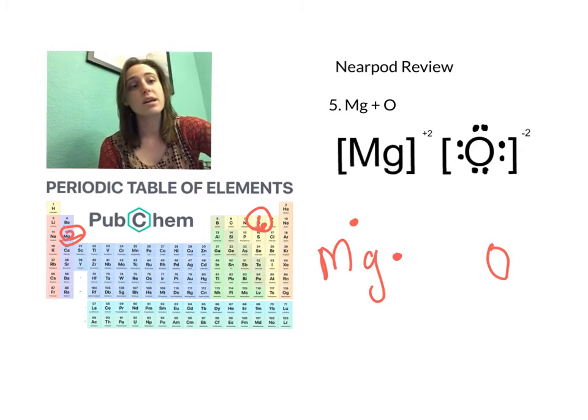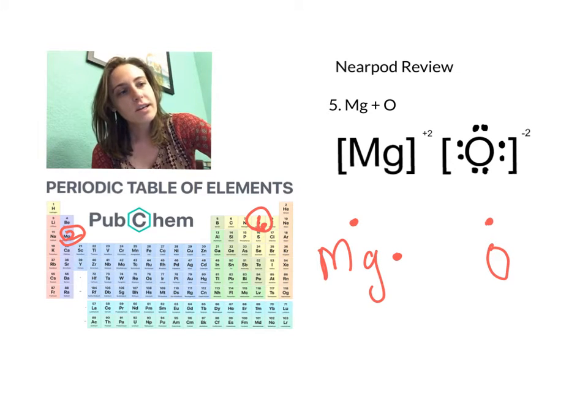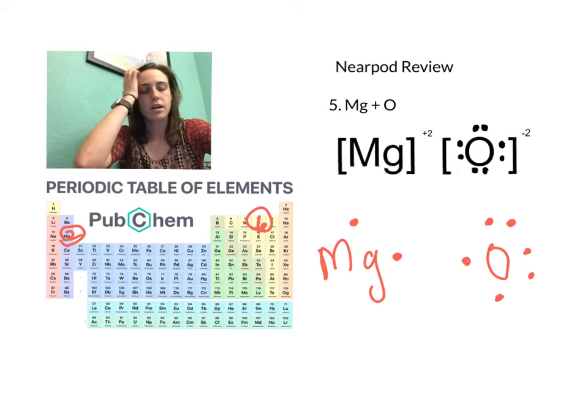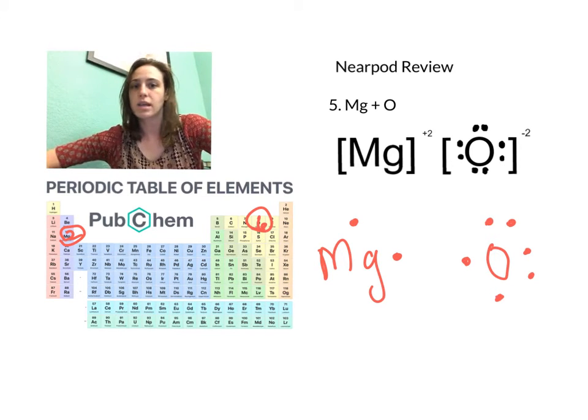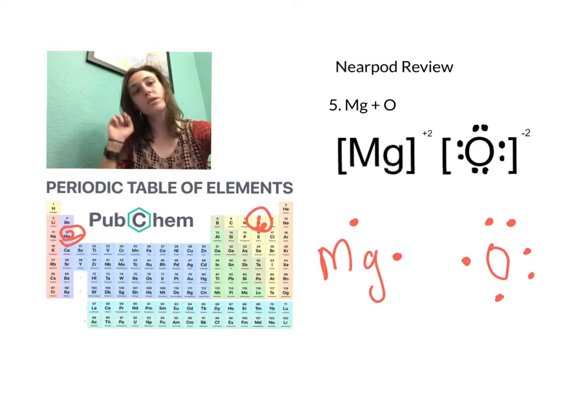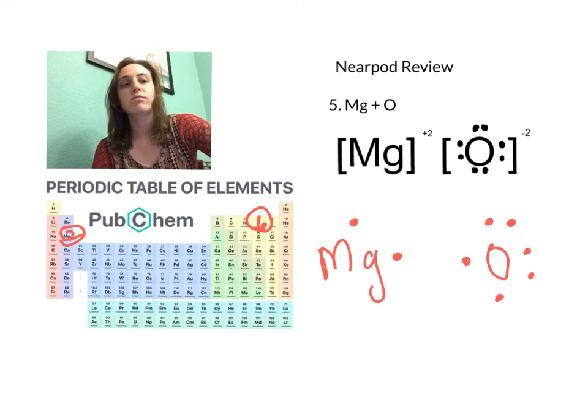All right, so then the neutral state of oxygen is going to be 1, 2, 3, 4, 5, 6. So you have 6 valence electrons on oxygen, and it wants to have a happy octet. Magnesium also wants that. So what is going to happen here is magnesium, instead of losing 1 electron for a charge of +1, is actually going to lose both of those electrons.